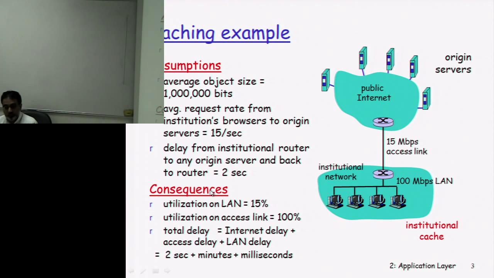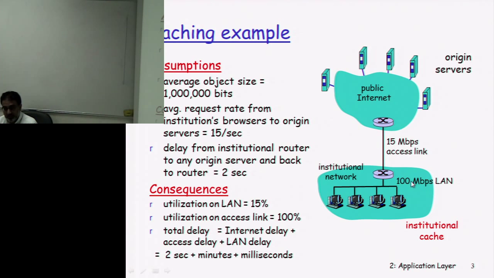What are the consequences in this scenario? The utilization on the LAN is 15%. Look here, 100 Mbps is the local LAN bandwidth, and 15 requests per second are going to be sent from the client browsers.